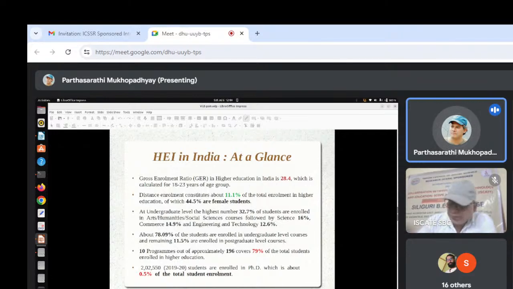But NEP 2020 directed our attention towards these lacunae. Let's address them first, then you talk about upliftment and other things. So these are the fallacies of the system, my dear friend, and you can relate everything now. For example, 28.4 is quite a good number in comparison with other comparable countries.